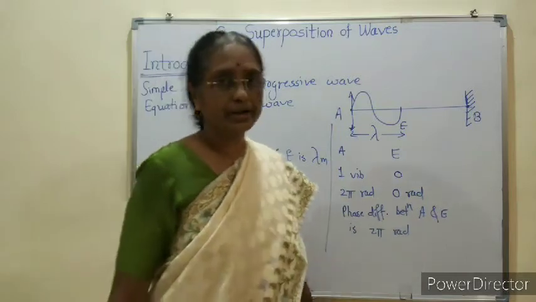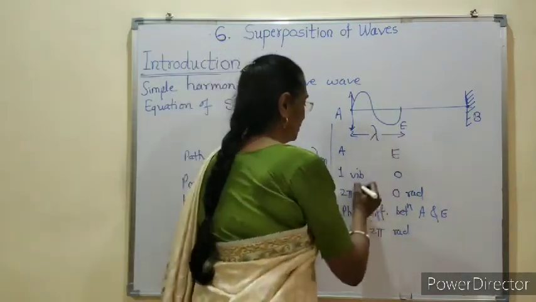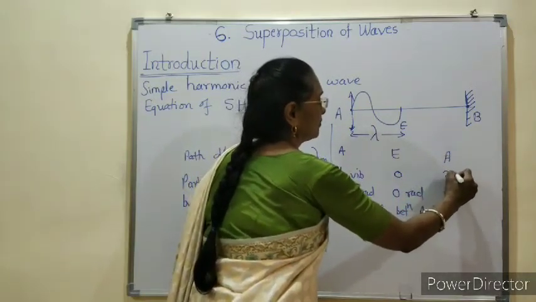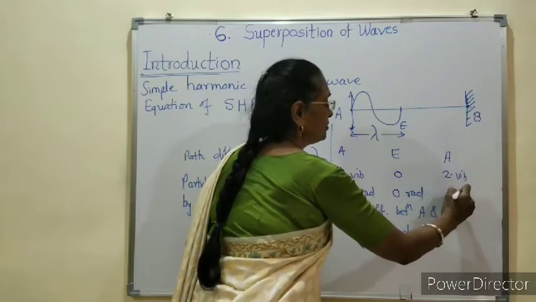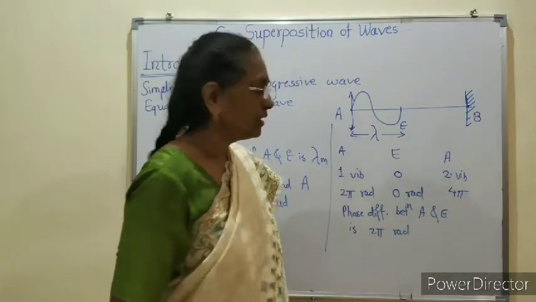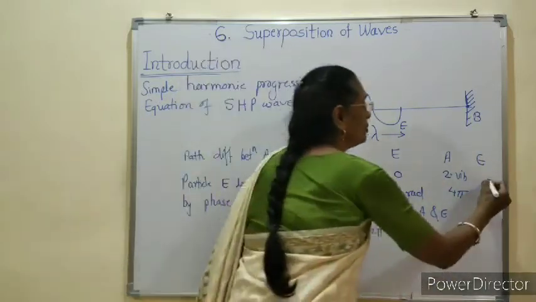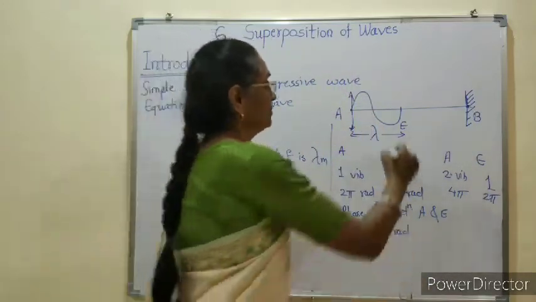Similarly, if A completes two vibrations, then its phase becomes 4 pi, while E completes only one vibration, its phase is twice pi.